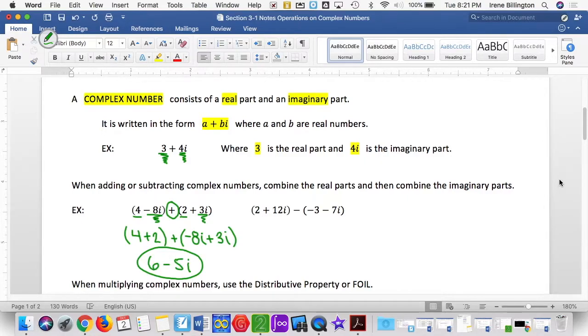We can also subtract complex numbers. We will subtract the real parts and subtract the imaginary parts. So we want to subtract the real parts, 2 and negative 3. So we are taking 2 minus a negative 3. And we are also combining the imaginary parts, 12i, and we are subtracting minus a negative 7i.